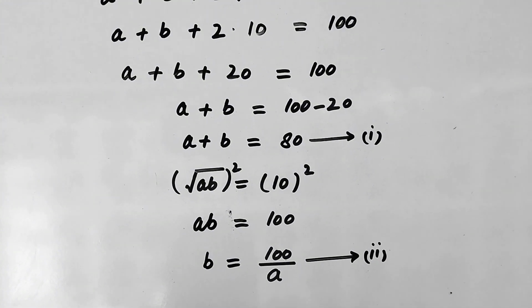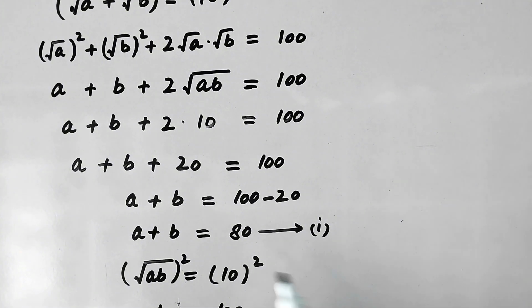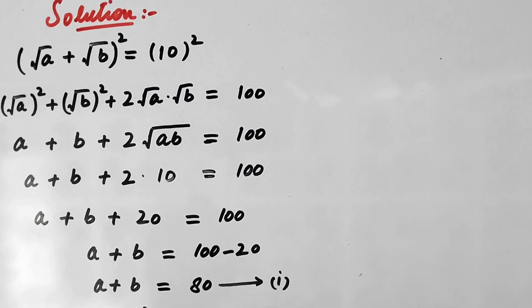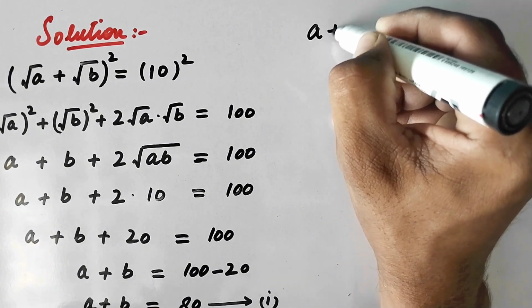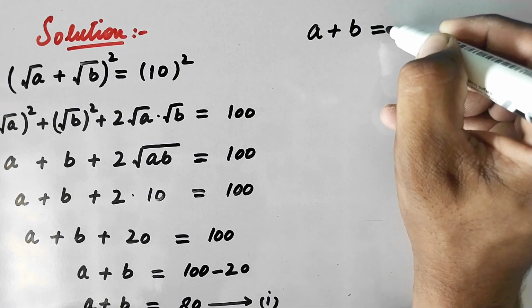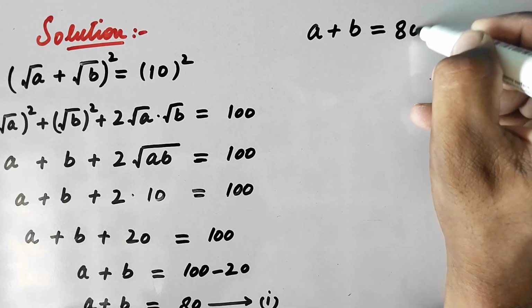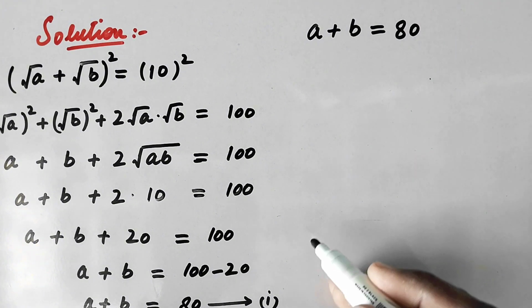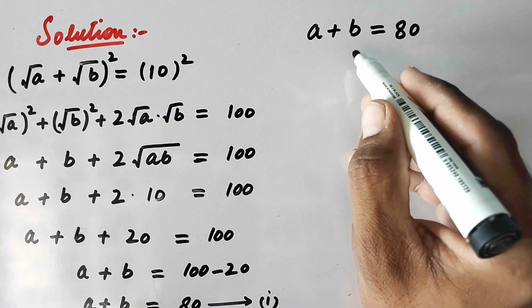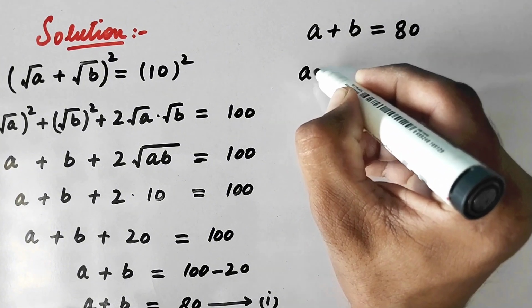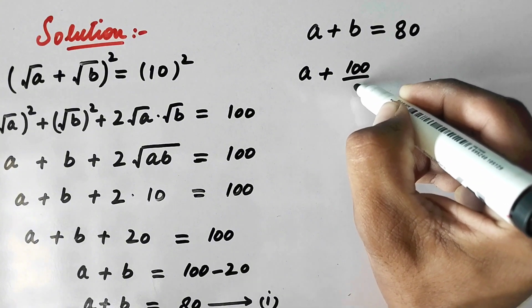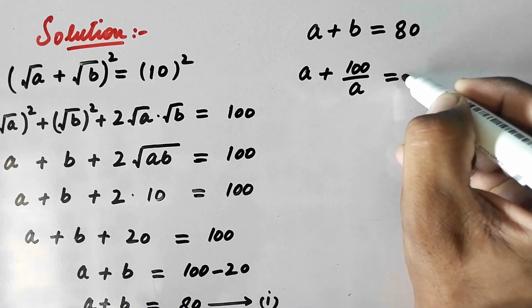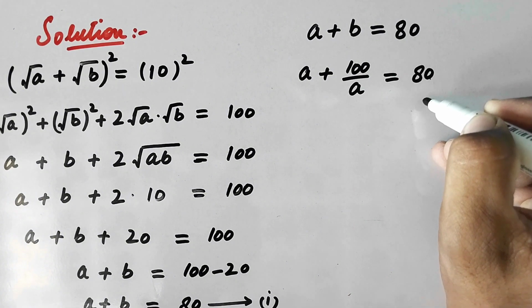So now here we will take this equation a plus b equal to 80, that is equation number 1. Here we will take a plus b is equal to 80, and from equation number 2 we will put the value of b. So here will be a plus 100 divided by a is equal to 80.